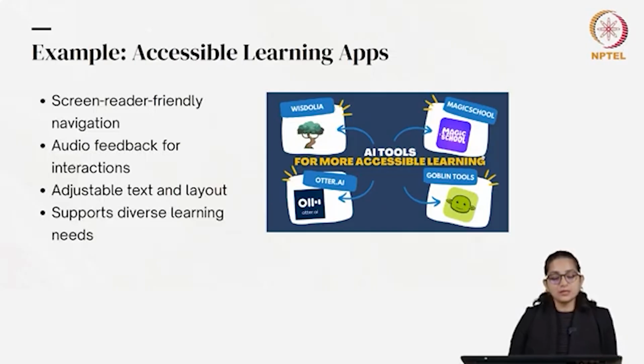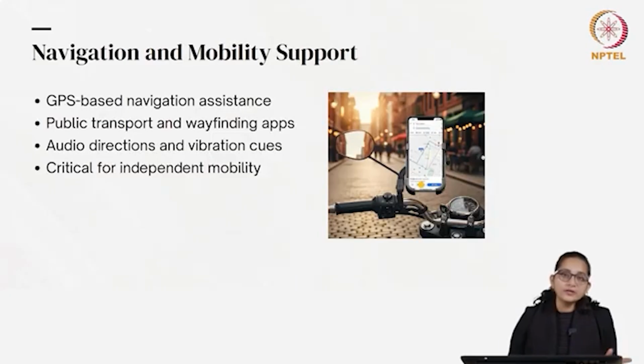ingrained in their interaction. Another important vertical where a mobile phone can be very useful in terms of accessibility is navigation and mobility. Since this is a portable mobile device, you can carry it with you at all times.